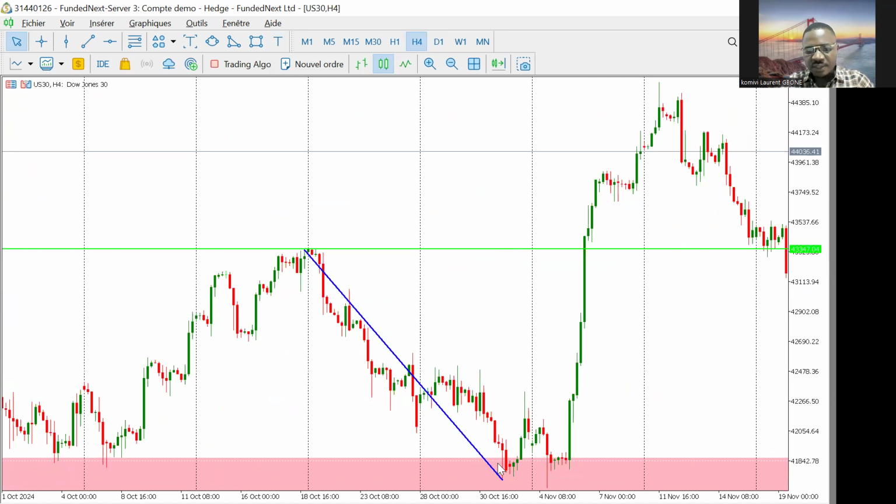So this zone is still the strong support zone until the price gets down and pulls back. In the 4 hour chart, it is clear. Let me draw it properly. This is very important. What I've shown you right now is an important secret for forex traders. No matter the market you trade, this will really help you. It really matters.